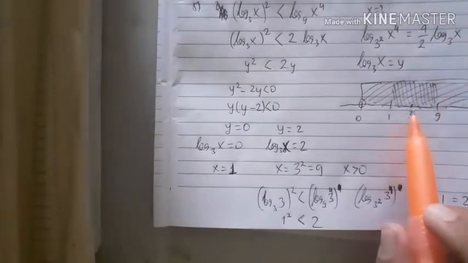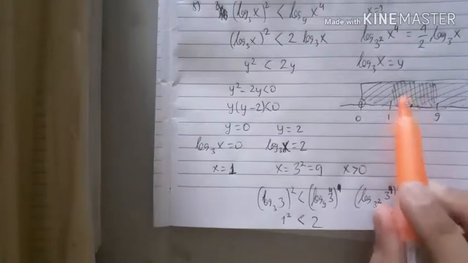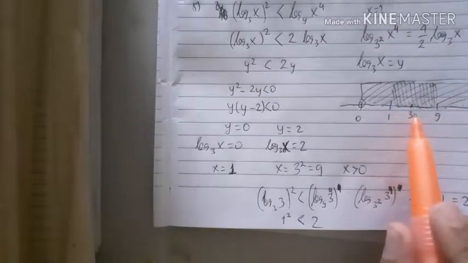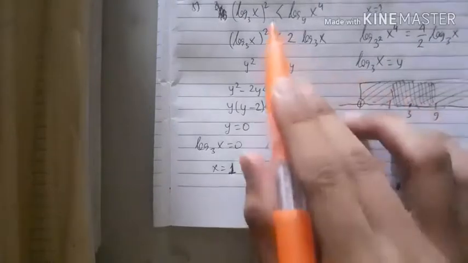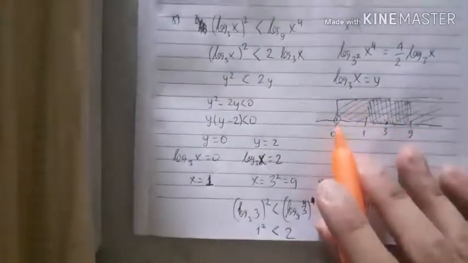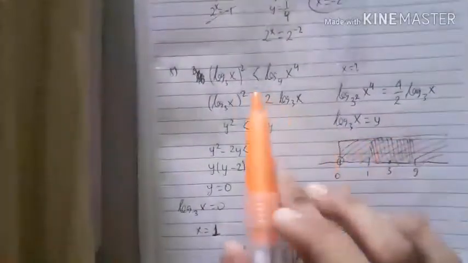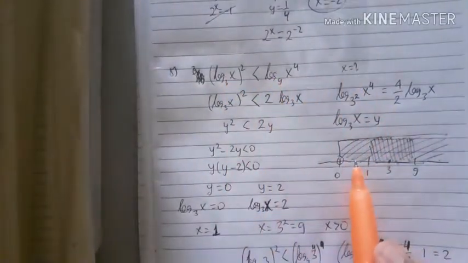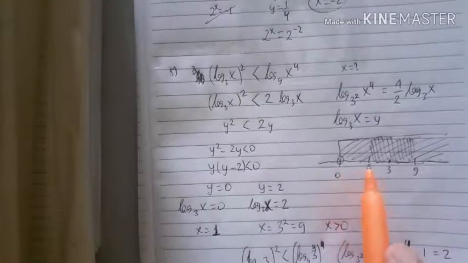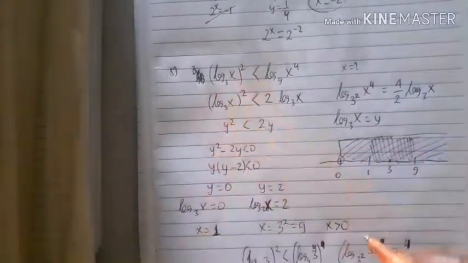So if we found a number between the interval of 1 and 9, and we substitute, for example, 2, 3, or 4 until 8, the x would suit this logarithm. But the quick tip is, if you find this interval is correct for this equation, the next intervals, 0 to 1 and 9 to infinity, will not fit this equation, right?